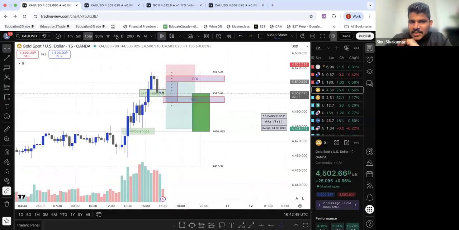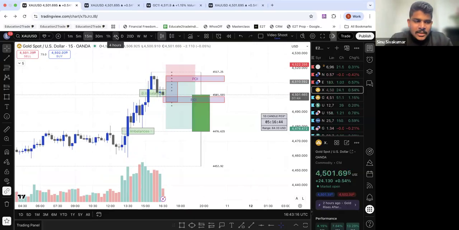Once you're able to do these 3 analyses, you can make a note of the timing: morning 5:30 a.m. to 6:30 a.m. GMT, which is the new 4-hour candle opening time.